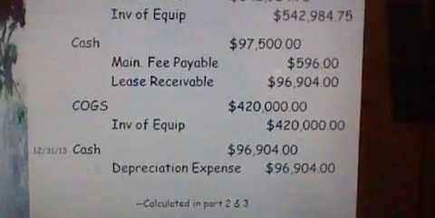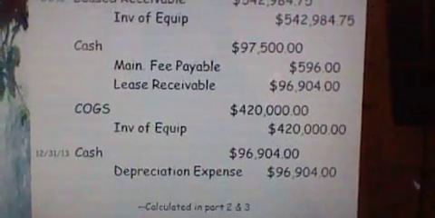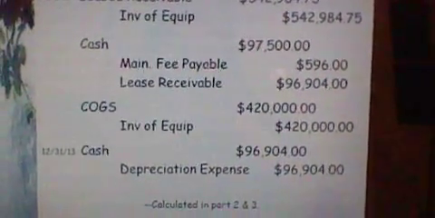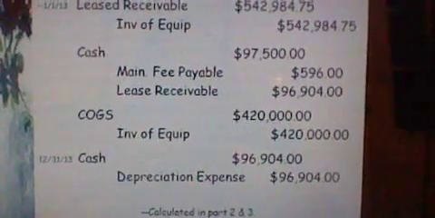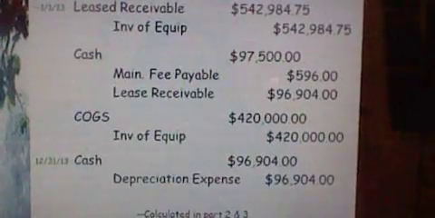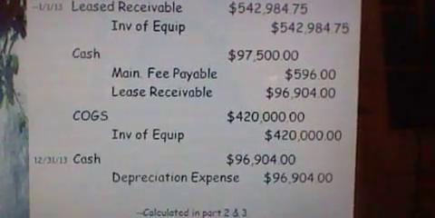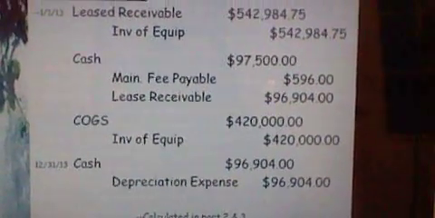The $96,904 comes from doing an amortization schedule, and since it's only been 1 year, you only have a depreciation expense for 1 year, and that's 1 year's worth of payments. And since it is the first year, there isn't going to be any interest expense or interest payable, so there is no journal entry for that.